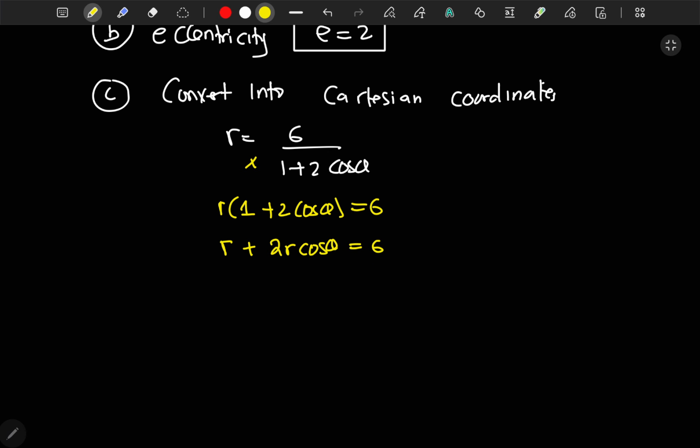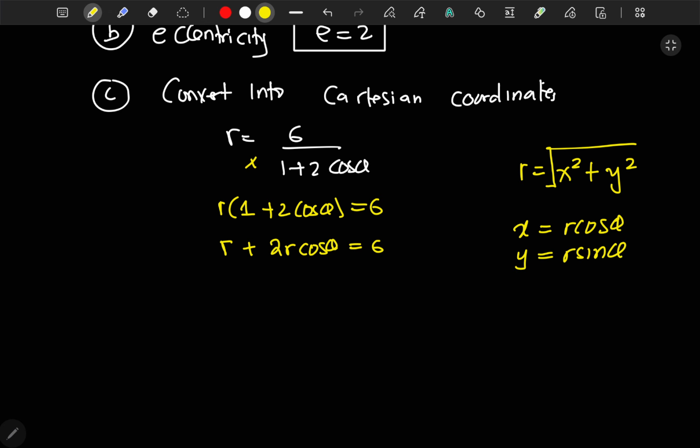Now we are going to use the relationship for the polar coordinates: r squared is x squared plus y squared. At the same time, we need to understand that x is r cos θ and y is r sin θ. This is the only way we can convert this into Cartesian.